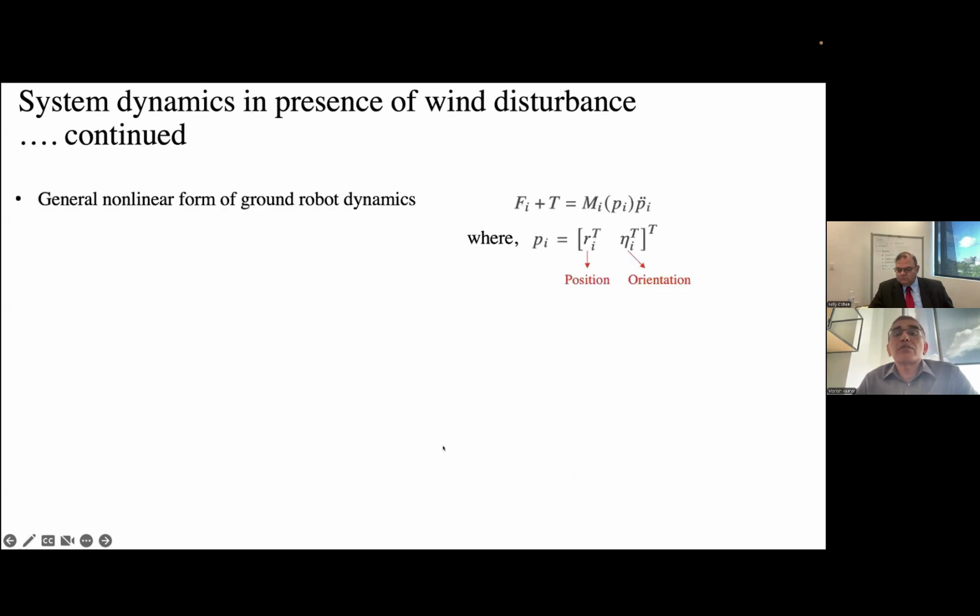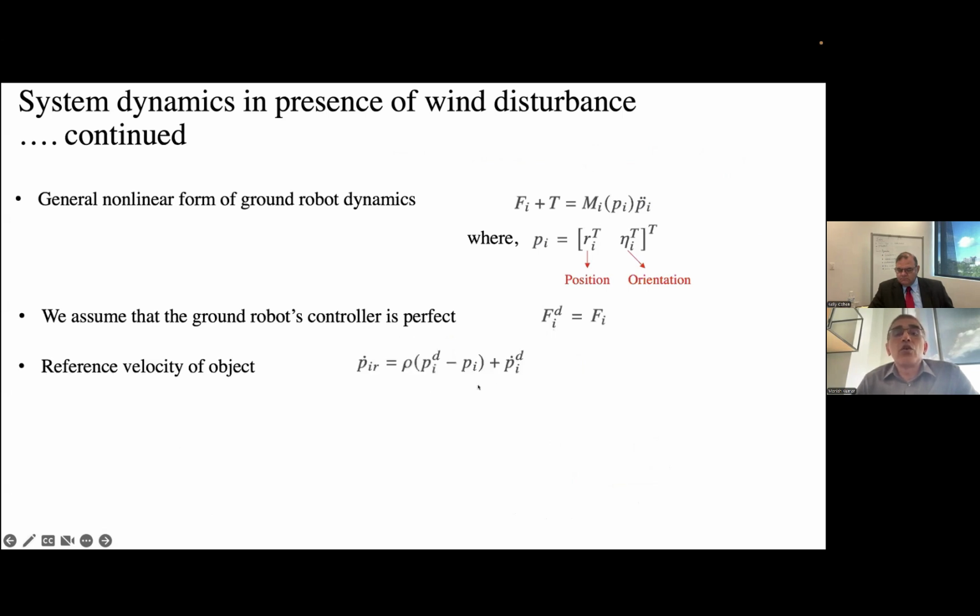Then similarly you write down the equations of motion for the ground robot, the rover, and in this case we assume a simple PD controller for the rover, because we are not developing a controller for the rover in this paper.